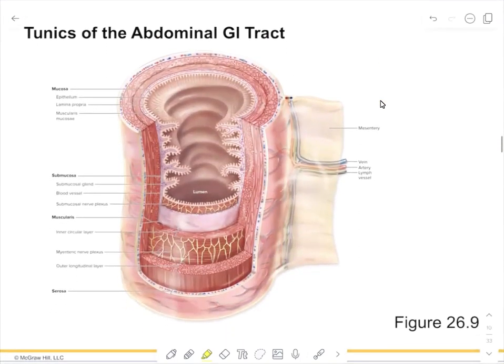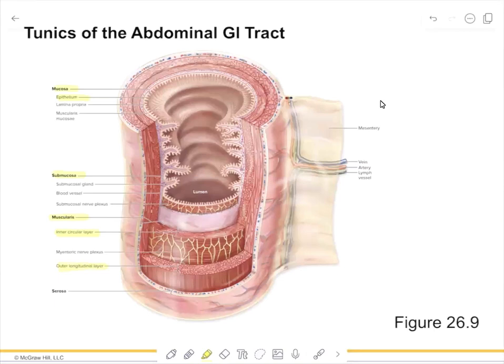This diagram is showing those layers or tunics of the abdominal GI tract. So the epithelium is going to be the mucosa. The innermost lining comes in contact with the foodstuffs. The next layer is called the submucosa. The muscularis is going to have the two layers, the internal circular layer and outer longitudinal layer.